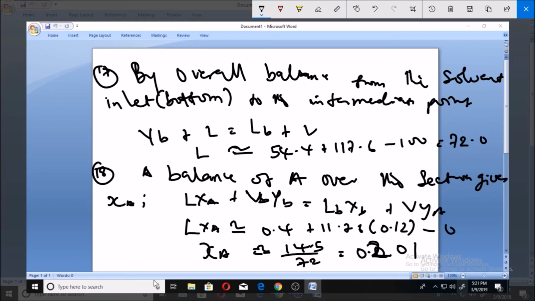So with this, we can actually say that XA, YA is now equal to 0.201 and 0.12. This is accurate enough to plot the intermediate point, so you can use this to actually plot the intermediate point.